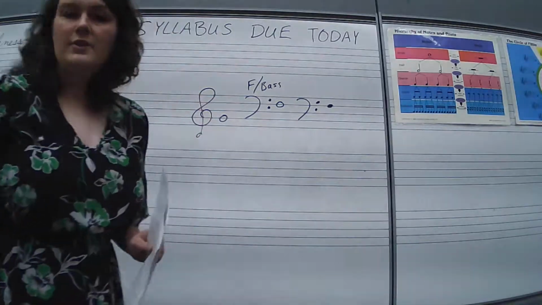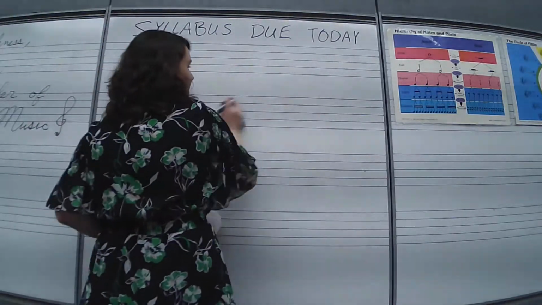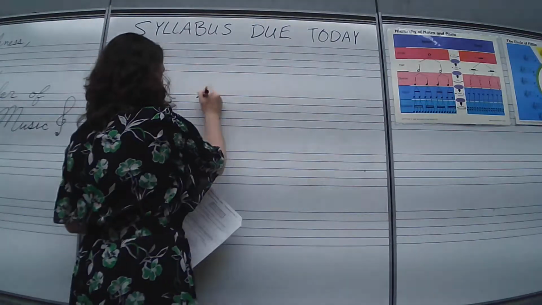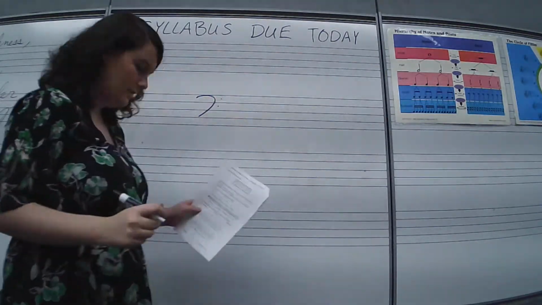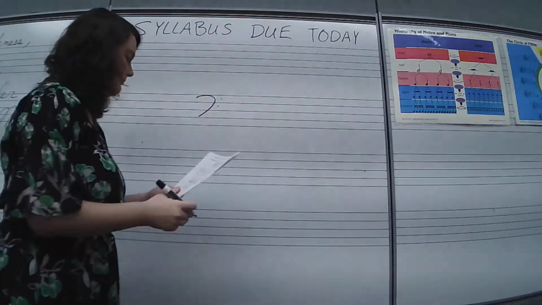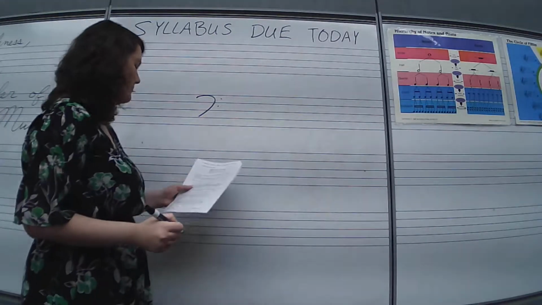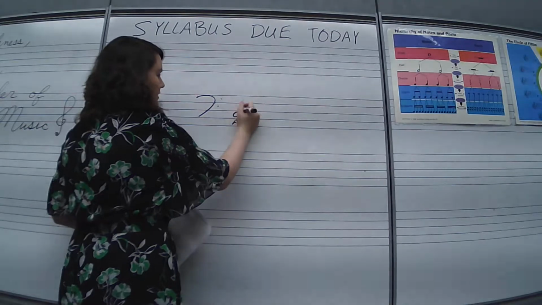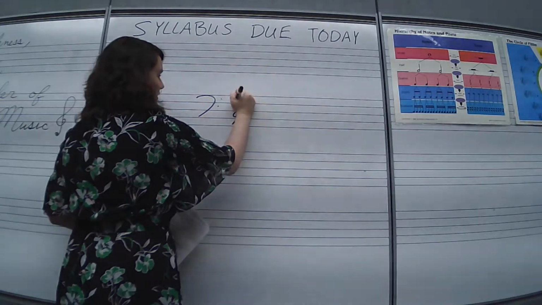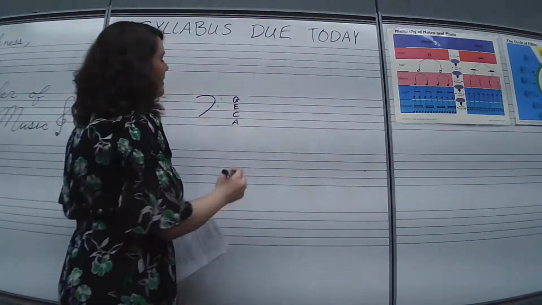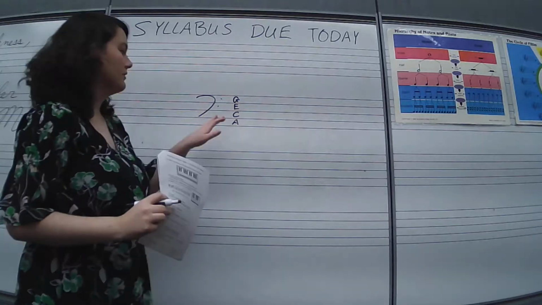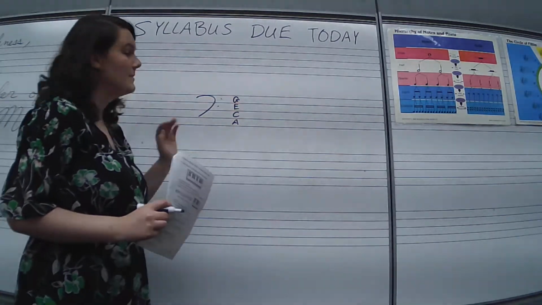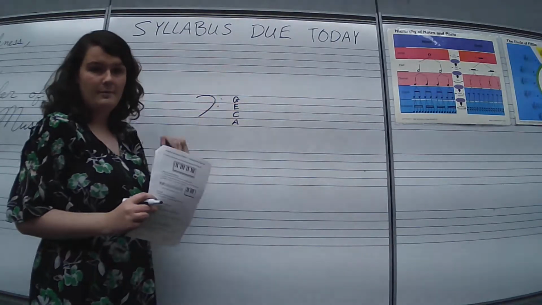Now we're going to talk about the notes that are on the bass clef. All right, in the spaces, we have A, C, E, and G. An acronym for that is All Cows Eat Grass. Every time we go over note names, it's going to start bottom to the top when we do acronyms.